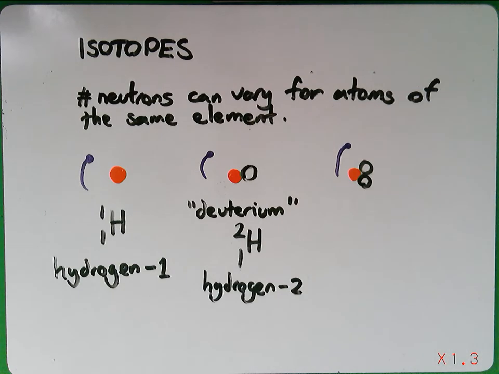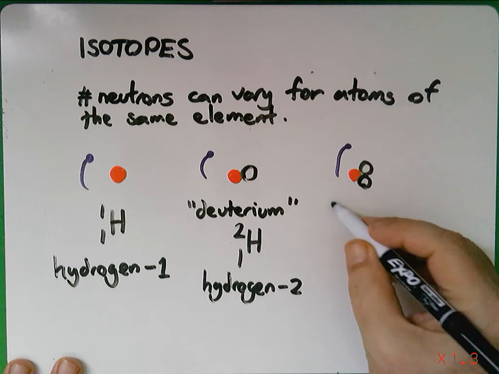But you've got to have the neutrons act in a way that kind of glues the nucleus together. And if you have the wrong number of neutrons in a nucleus, the nucleus can be unstable. So there's a certain magic number of neutrons you can have with a certain number of protons to have a non-radioactive element. This one they used to call tritium.